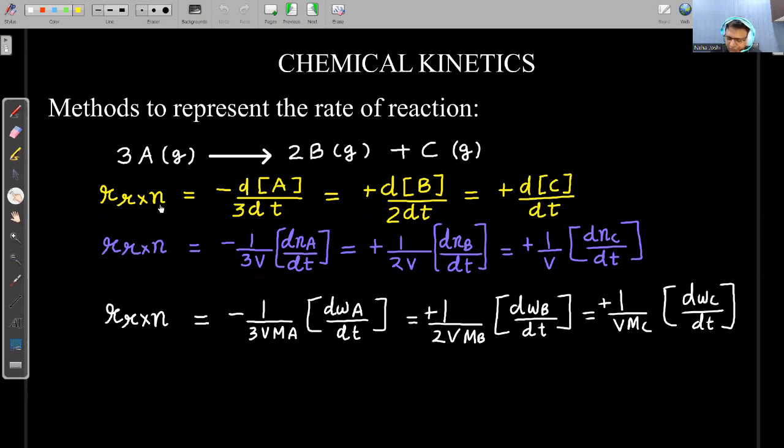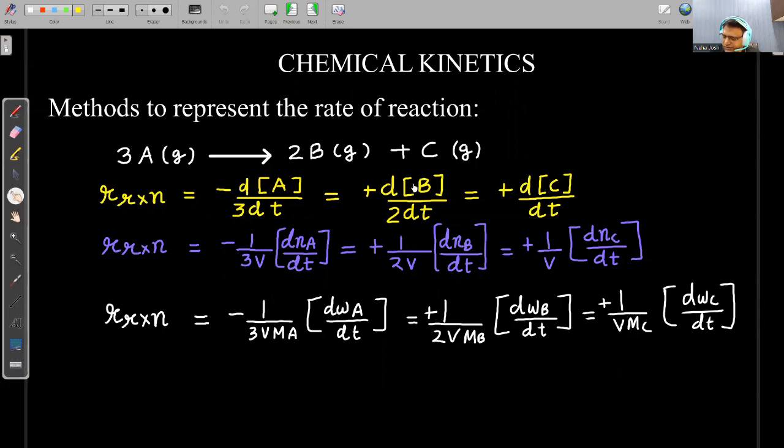Rate of reaction is equal to minus the change in concentration of A with respect to time divided by stoichiometric coefficient 3, which is equal to, I can also write the rate of reaction in terms of change in concentration of B, which is a product. The plus sign indicates that the concentration of B is increasing with time.